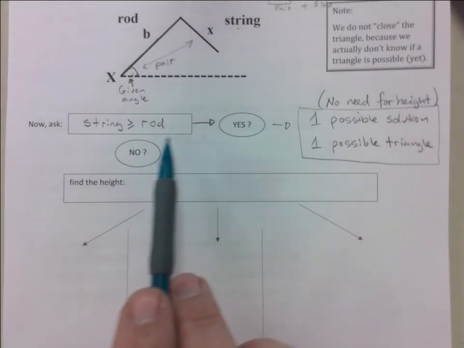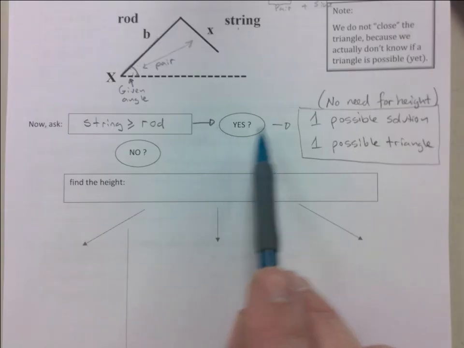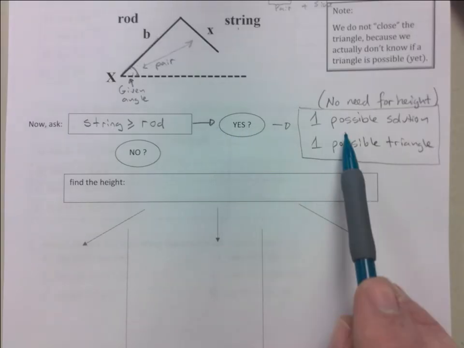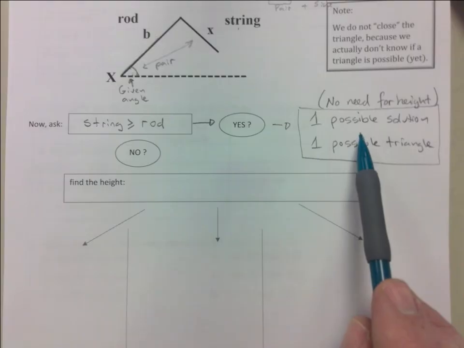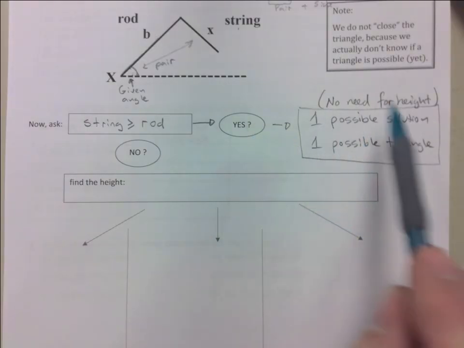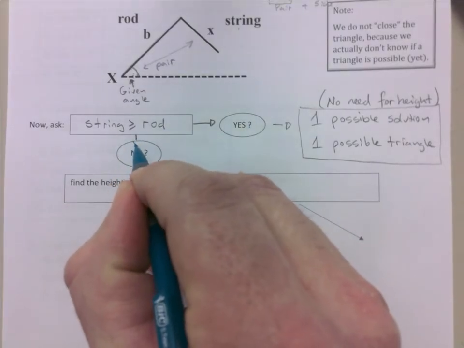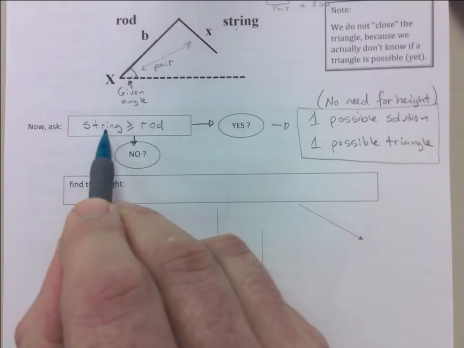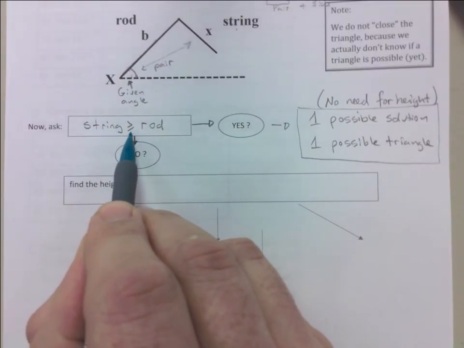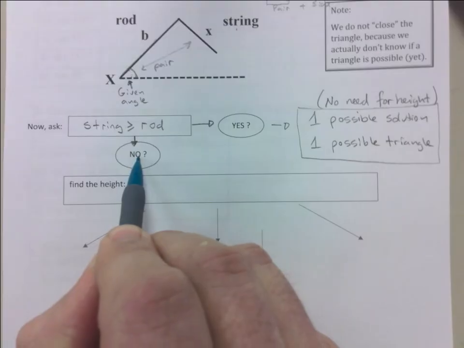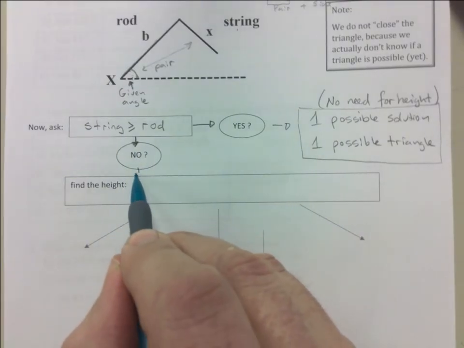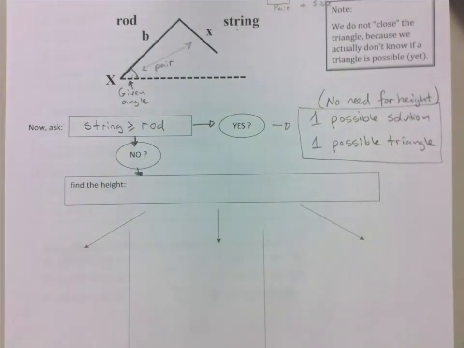Can I just tell you something? Up until this point, I always made sure that the answer was yes, so we only had one solution. Whenever you had an SSA, I just made sure that this is what happened. But now, if the answer had been no, like if you say, is this string greater than or equal to the rod? And if the answer is no, then you need to keep investigating a little further.